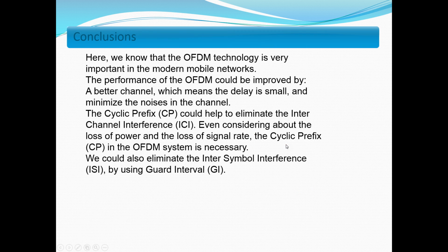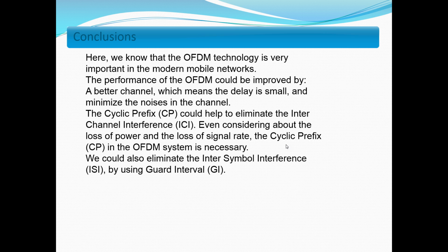Now we come to the conclusions. Here we know that OFDM technology is very important in modern mobile networks. The performance of OFDM could be improved by a better channel, which means the delay is small and the noise in the channel is minimized. The CP, cyclic prefix, could help to eliminate the inter-channel interference.